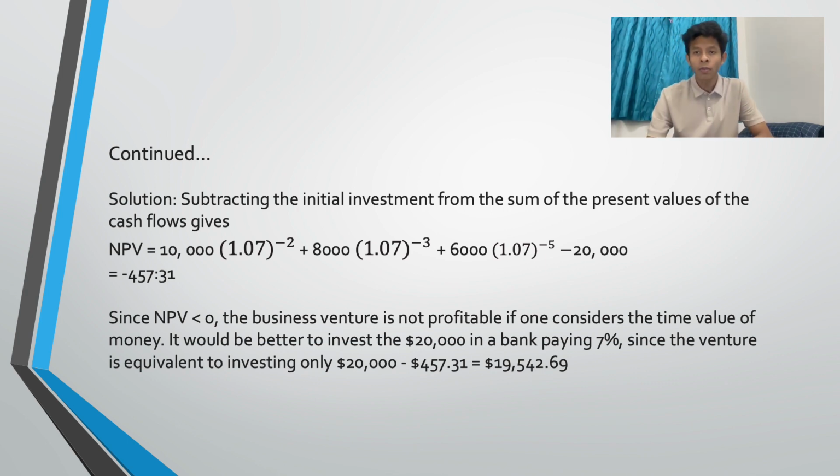We continue from the slide before this. Solution: subtracting the initial investment from the sum of the present value of the cash flow gives the net present value: 10,000 times 1.07 to the power of negative 2 plus 8,000 times 1.07 to the power of negative 3 plus 6,000 times 1.07 to the power of negative 5, minus 20,000.